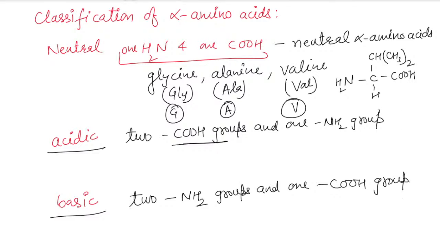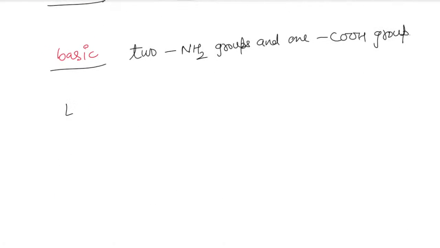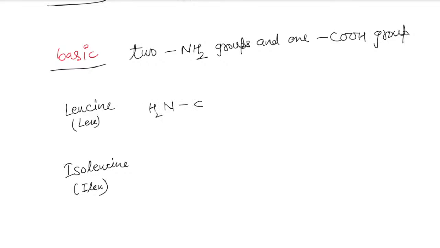Okay, then it is leucine, isoleucine. In leucine it is LEU, and isoleucine it is ILEU. Okay, so in this case it is like NH2 in leucine, this part, and this is CH2, CH3, 1 2 3 4.